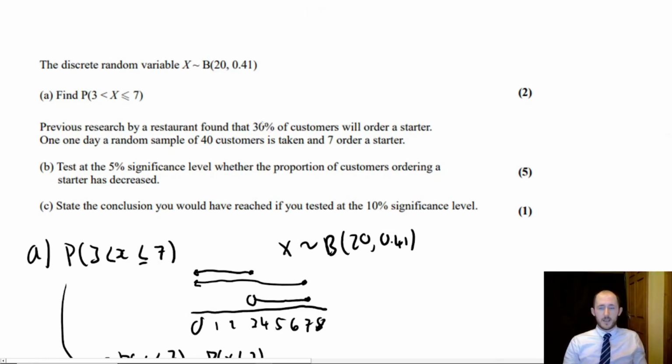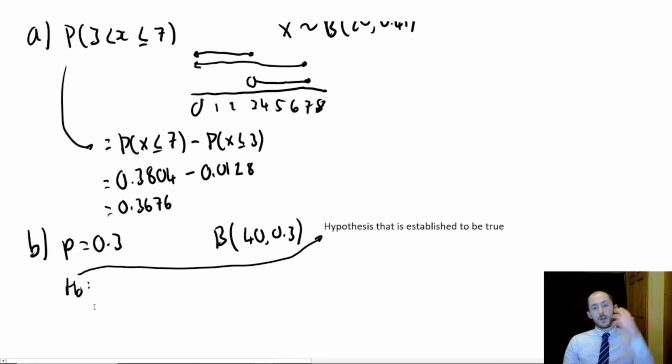We're testing to see if that 30% has changed. So the null hypothesis, the hypothesis if nothing has changed, is that the probability is still 0.3. And this is the probability we're going to assume to be true.